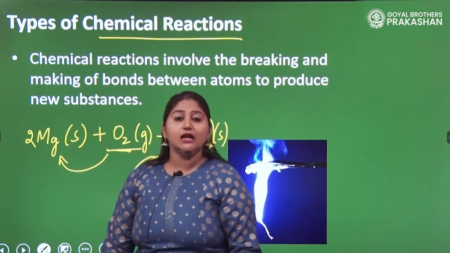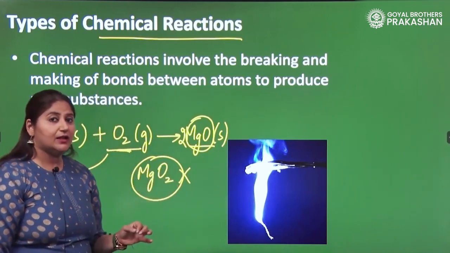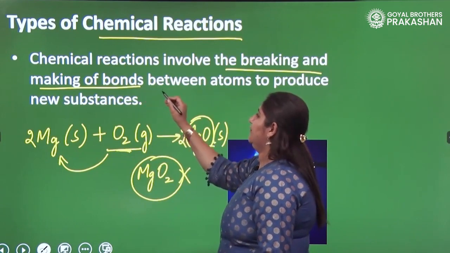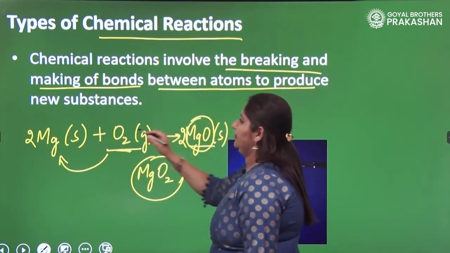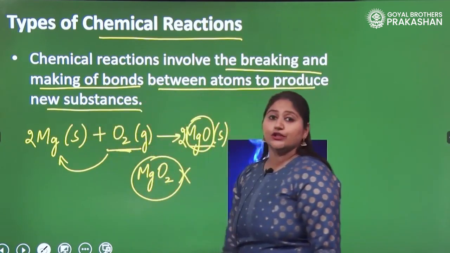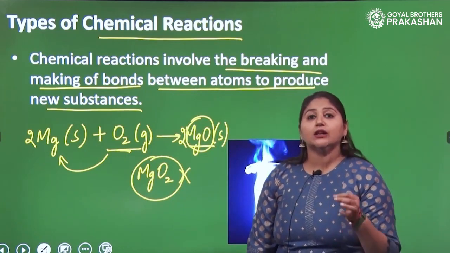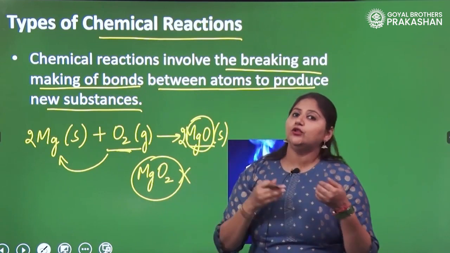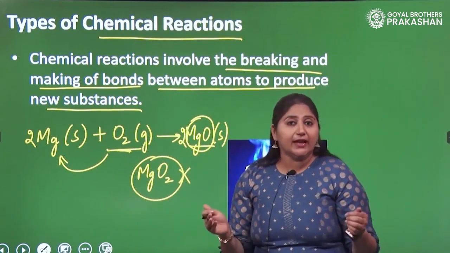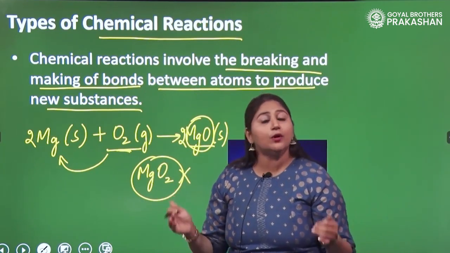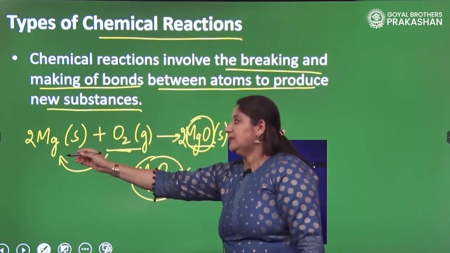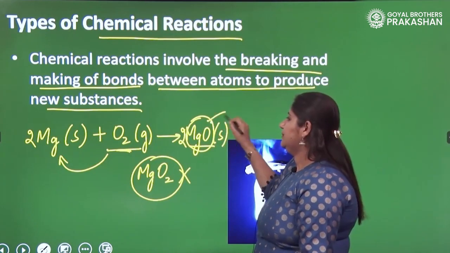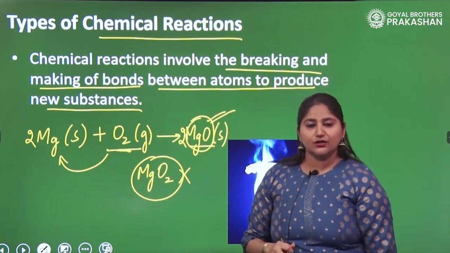So can we say that during a chemical reaction there is breaking and making of bonds between atoms to produce new substances? Children, new substances can only be formed when the previous bonds are broken and new bonds are made. Can you guess which two atoms are making a bond here? Yes, magnesium and oxygen, they are making a bond in order to make MgO. I hope you have understood this.